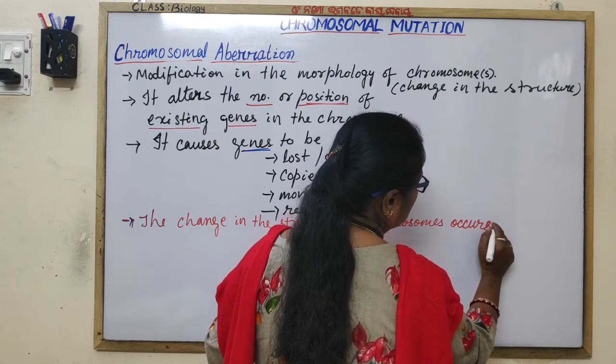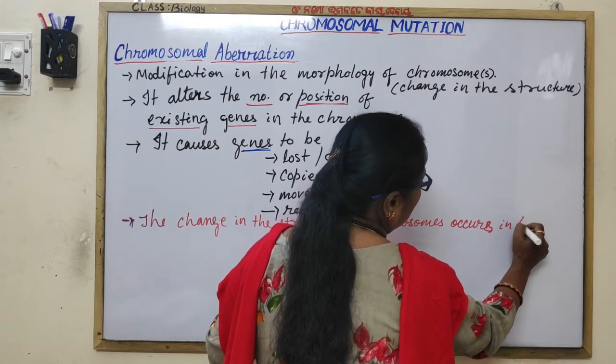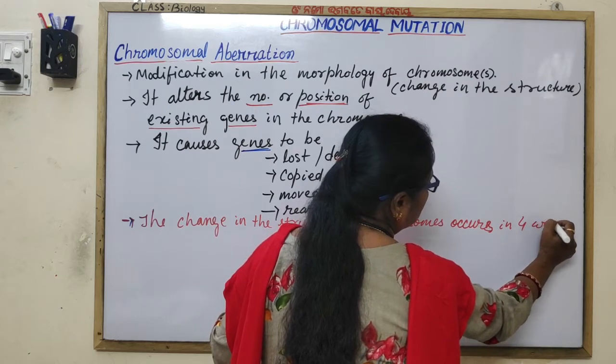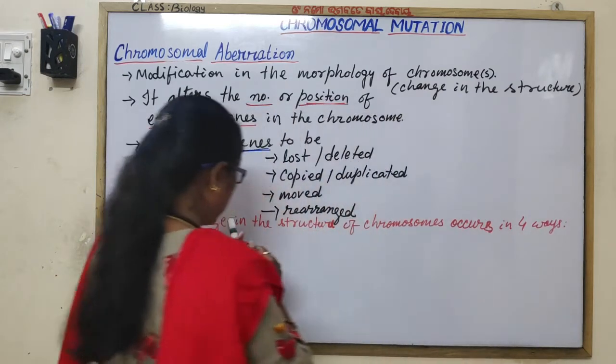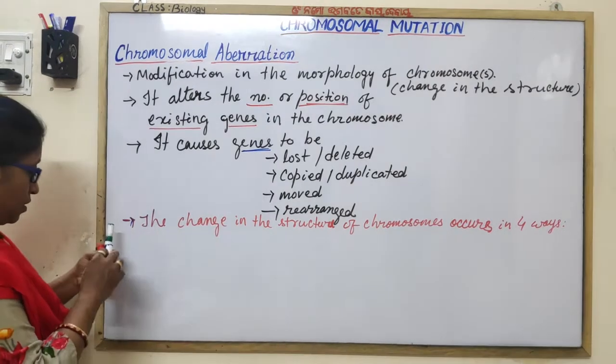Change in the structure of chromosomes occurs mainly in 4 ways. What are they?